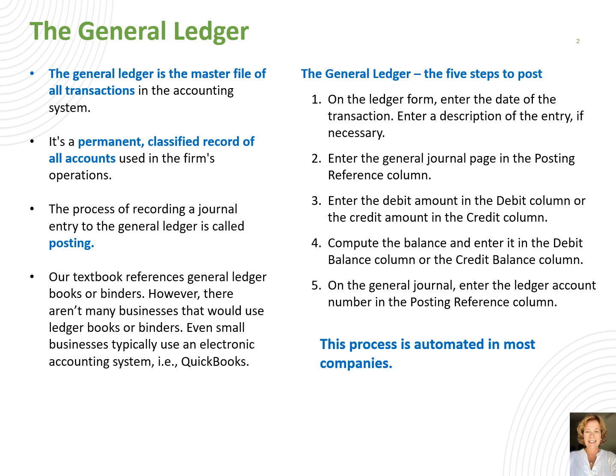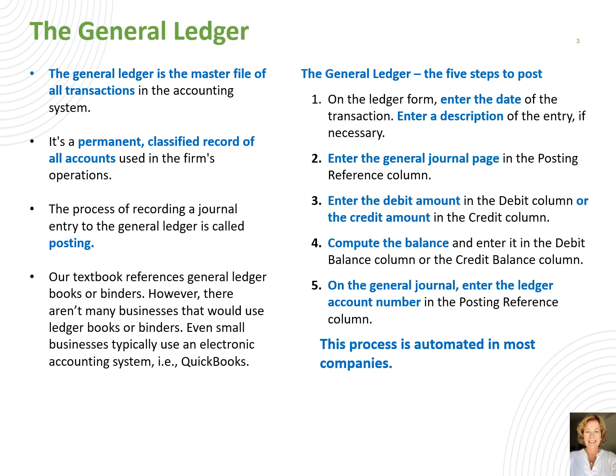Even small businesses typically use an electronic accounting system such as QuickBooks. Why? Well, it makes many manual, tedious functions of accounting much easier. In addition, records can be stored digitally and are safe from inadvertent destruction.